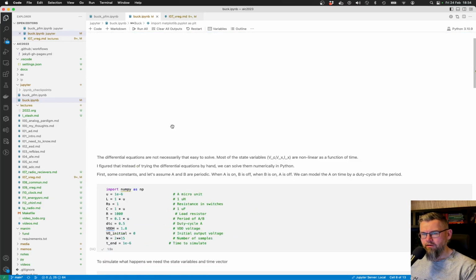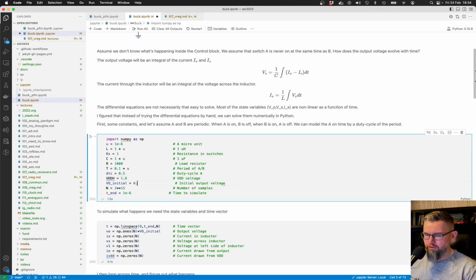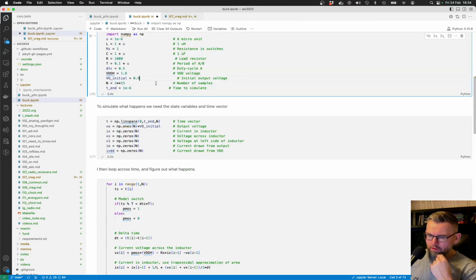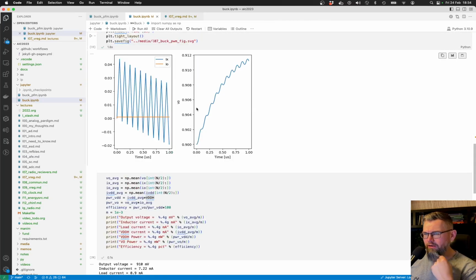So if I cheat a bit and put the initial condition closer to where I expect it to be, 0.9 volts, and run again, there we go. You can see the current in the inductor is increasing linearly, which we would expect, and then decreasing, and increasing and decreasing.